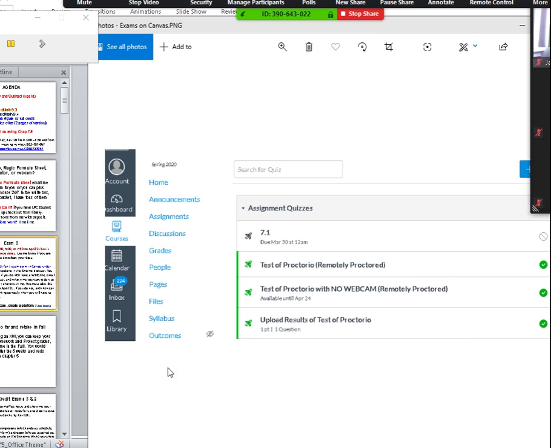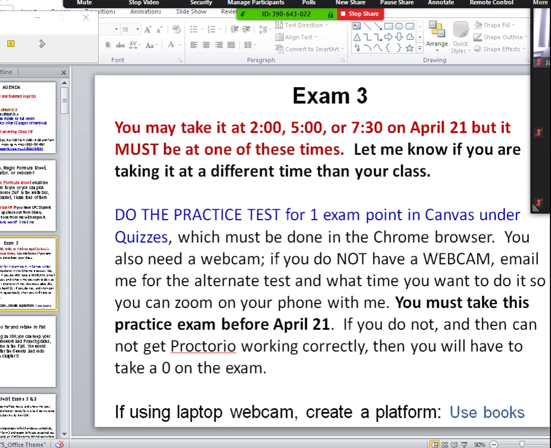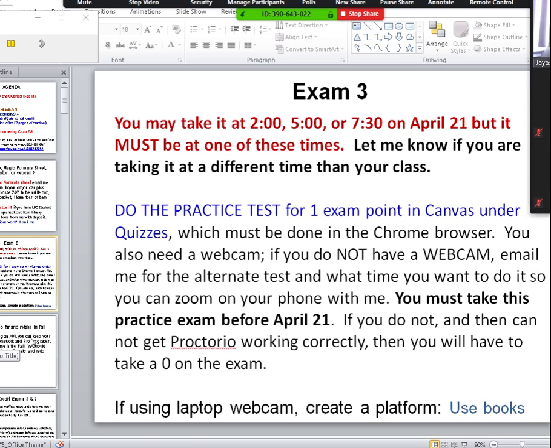If you go to quizzes, these show up here under your quizzes. Actually, the middle one won't, because I haven't assigned it to anybody yet until I talk to them and they don't have a webcam. Then I would assign this only to people without a webcam. Okay. Good. All right. Great.